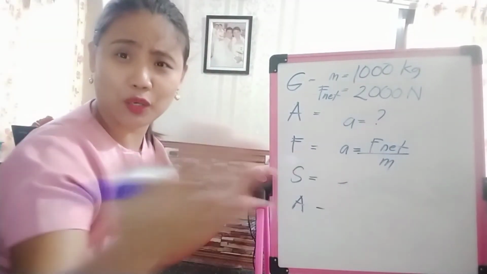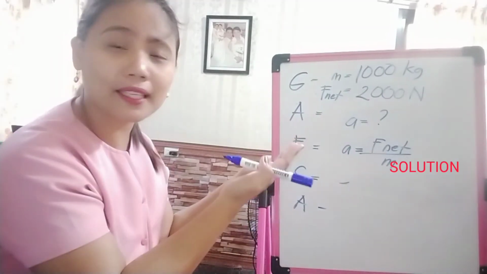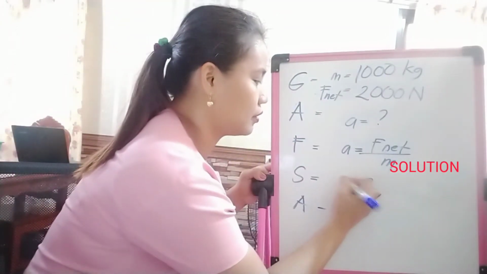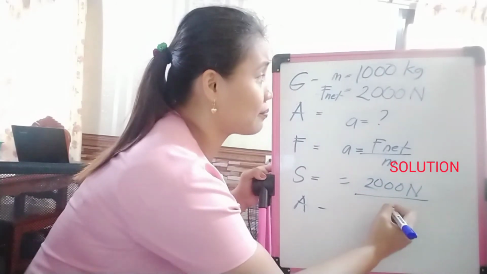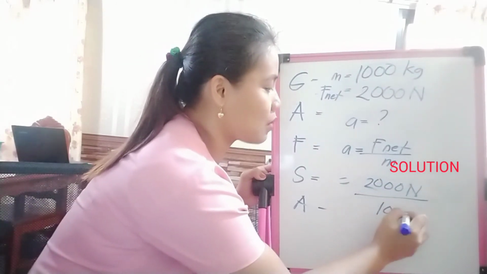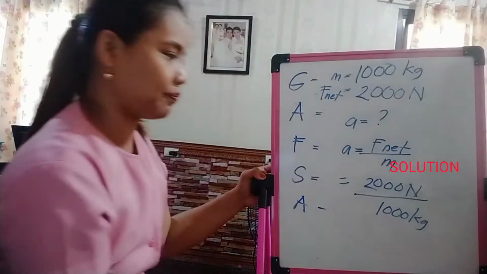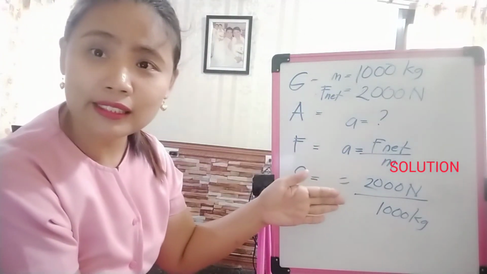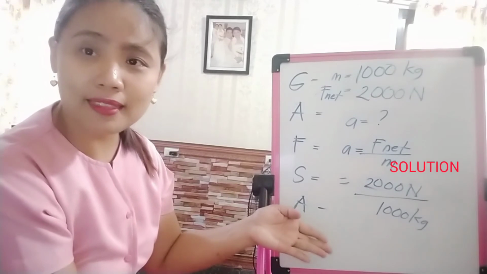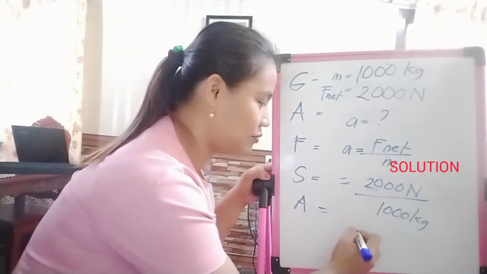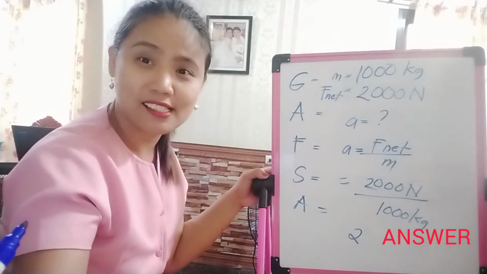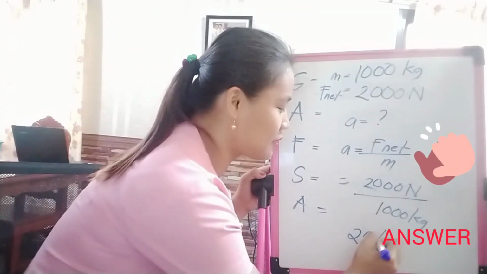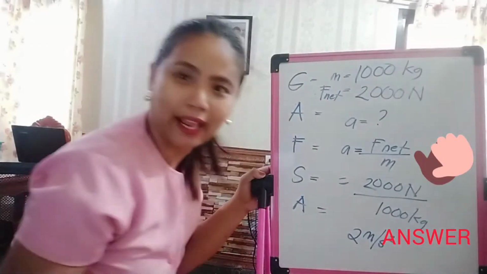Then, if we are going to substitute it with the given, we have 2,000 Newton divided by 1,000 kilogram. So, 2,000 divided by 1,000, you have 2, and our unit is, very good, meter per second squared.